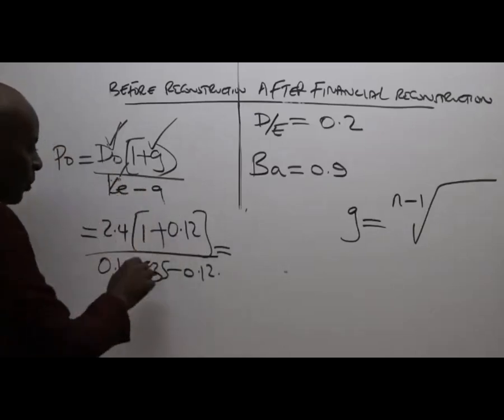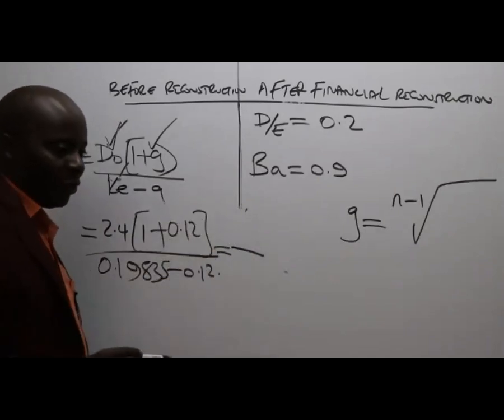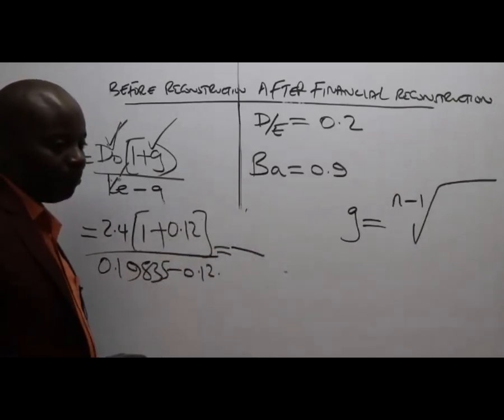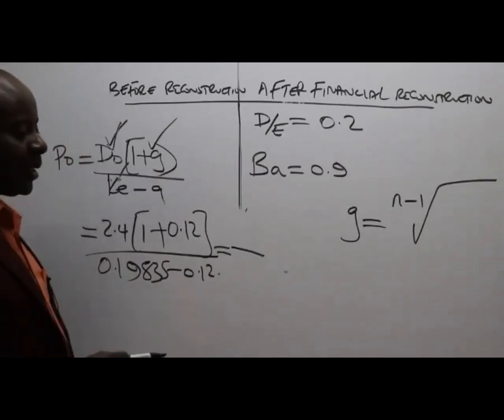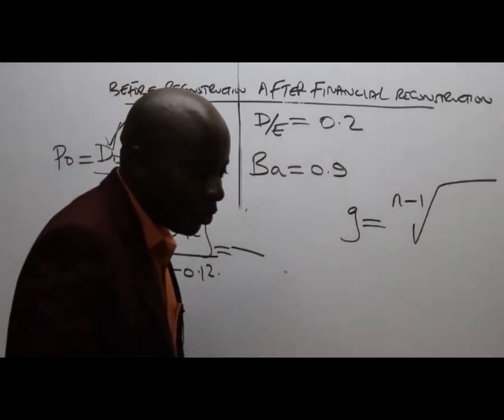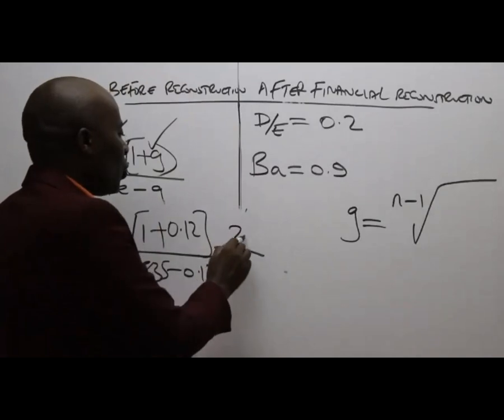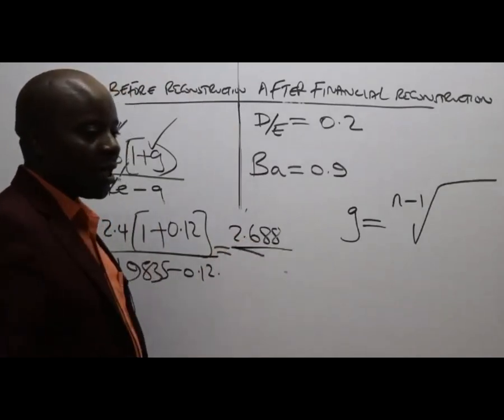2.4 times, open bracket, 1.12. Please give me the numerator here. Somebody is giving me a figure of 2.688, all over the denominator.